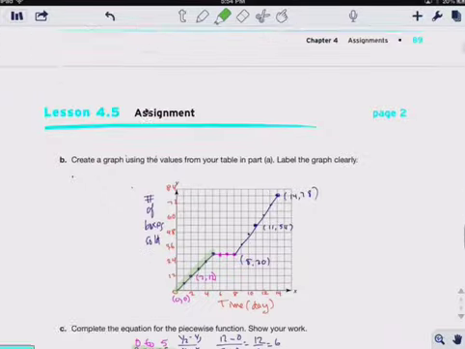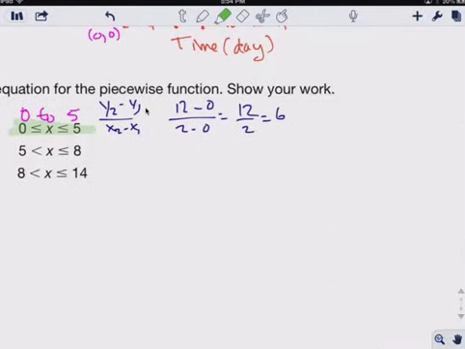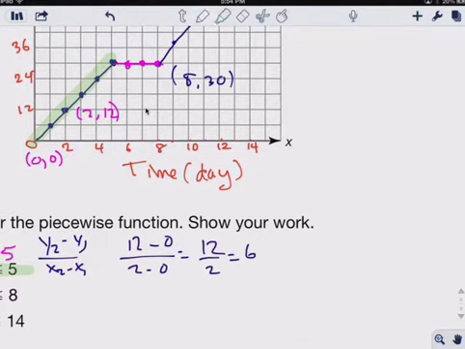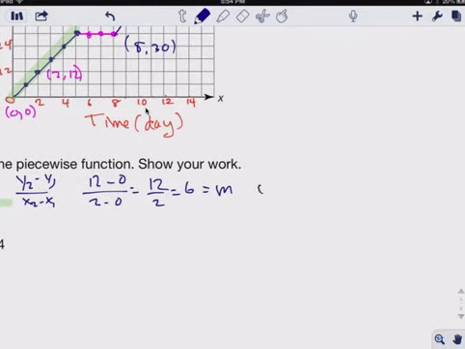Alright, here we go. So my slope for this line is 6. Okay, so my slope is 6, that's m. I can write the equation of that line, y minus y1 equals m parentheses x minus x1. Okay, so I'm going to use 0, 0.